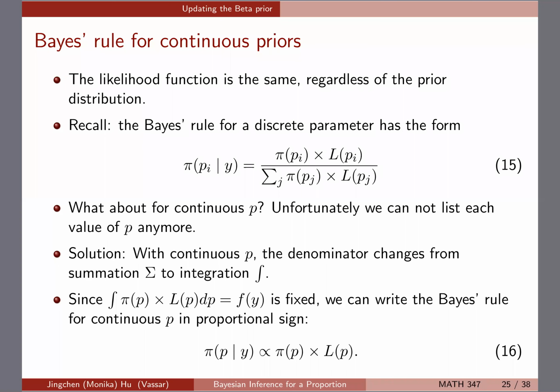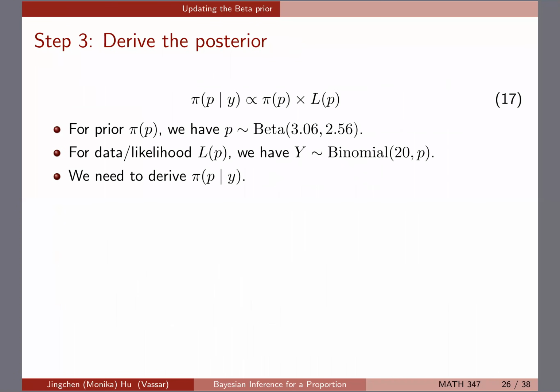Great. So once we can do this, we are able to start to derive the posterior. Okay? So this is the posterior. It's a proportional sign, but because what is left is a normalizing constant, we don't have to worry about it for now. So remember, the prior that I picked for us is this particular beta distribution. So A is 306 and B is 256.